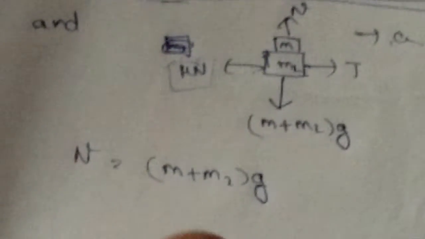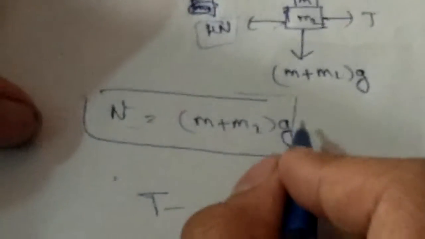So let's substitute here, and here T minus mu N is equal to m2a, and from this equation N is equal to m plus m2 g.